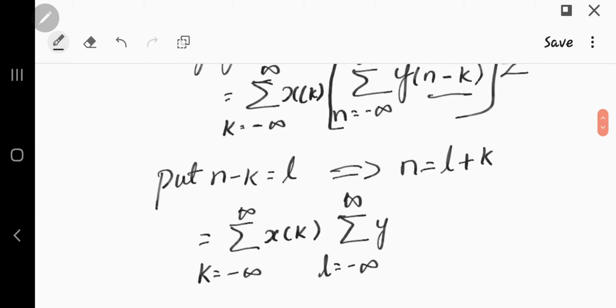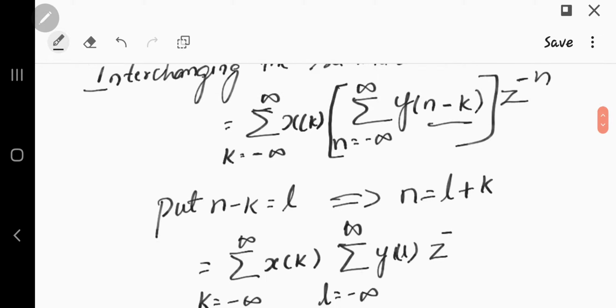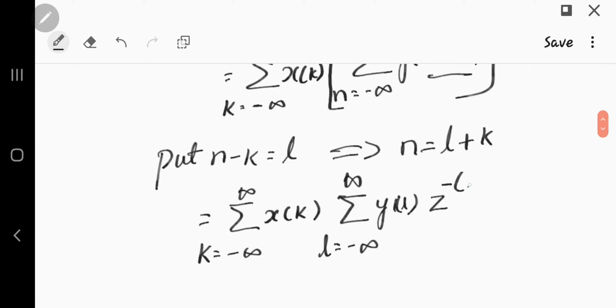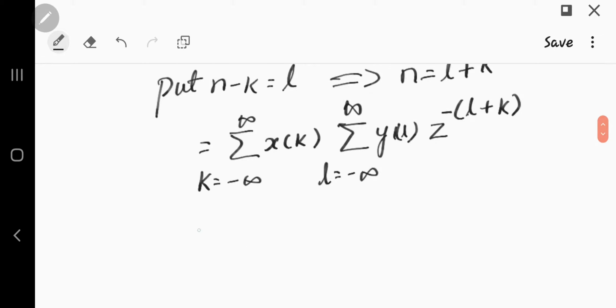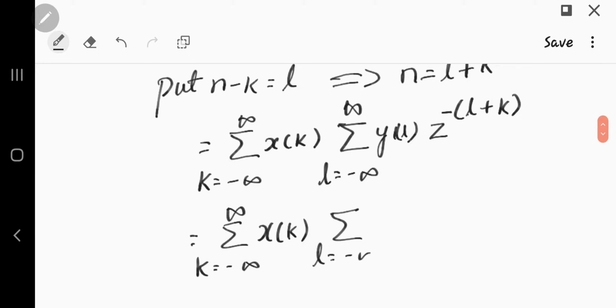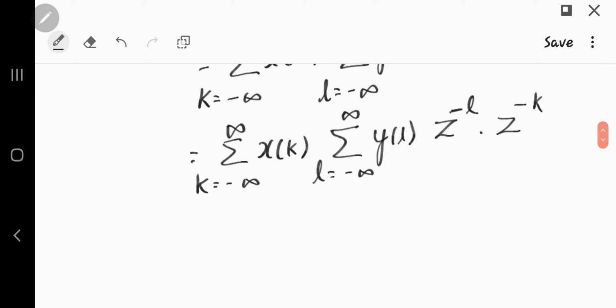N minus k is replaced by L here, and z to the power of minus n is replaced by z to the power of L plus k. Now continuing that, k is equal to minus infinity to plus infinity x of k, L equals minus infinity to plus infinity y of L z to the power of minus L into z to the power of minus k.